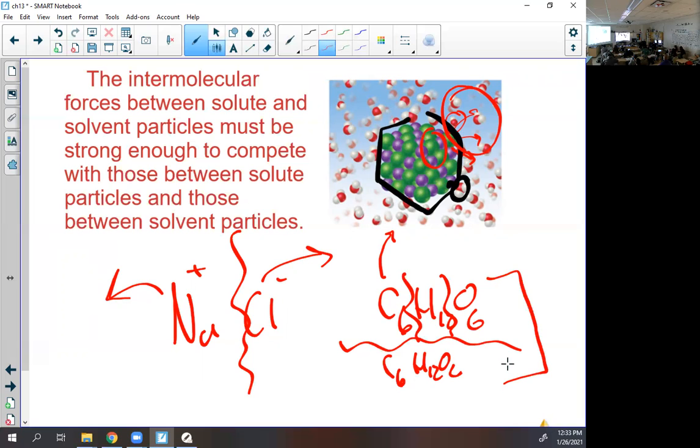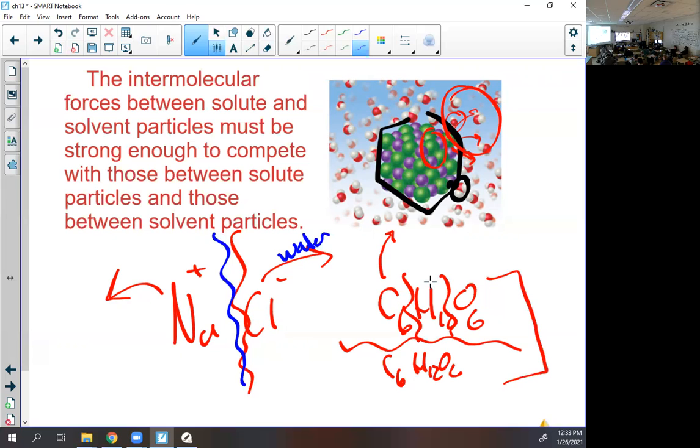So this is tricky, but the intermolecular attraction between the chloride ion and water is strong enough to actually break the molecule itself apart. What is that called when it breaks apart? Dissociation.